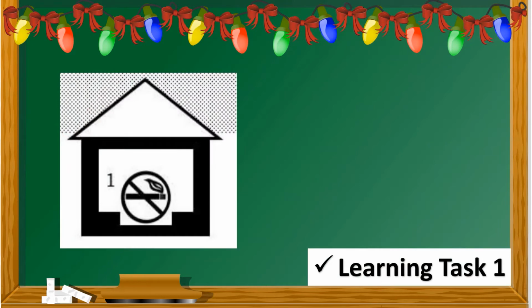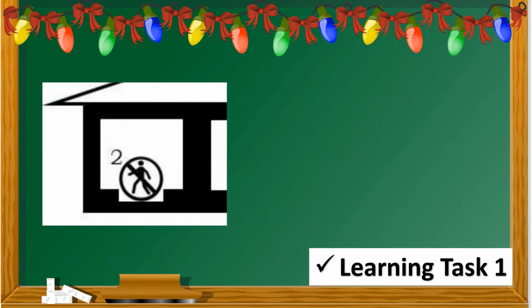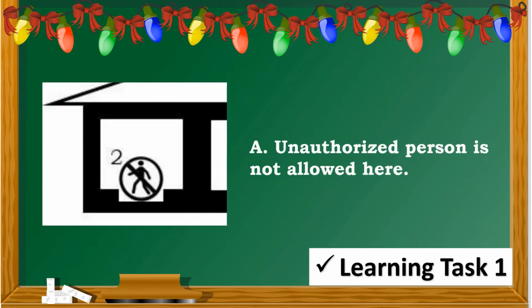Let's start with Learning Task 1, wherein you were given signages and you're going to find its appropriate meaning. So for number 1, the correct answer is letter B. Smoking is not allowed here. Number 2, the answer is unauthorized person is not allowed here.